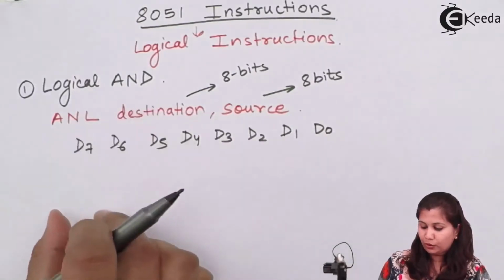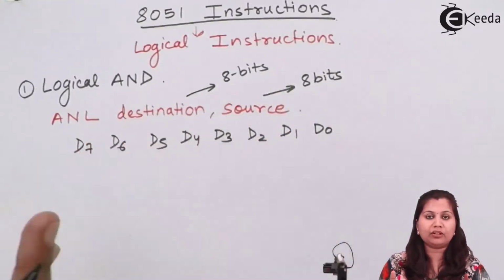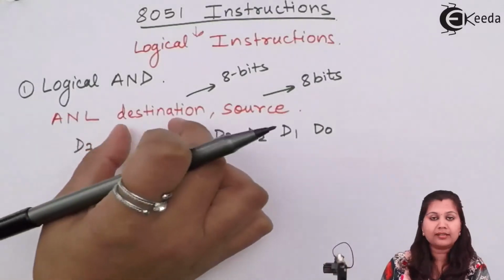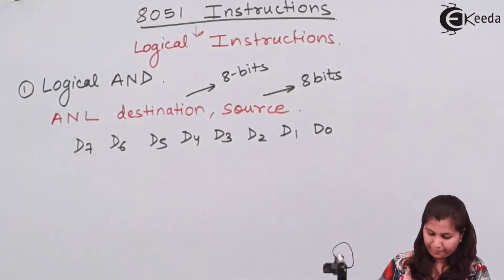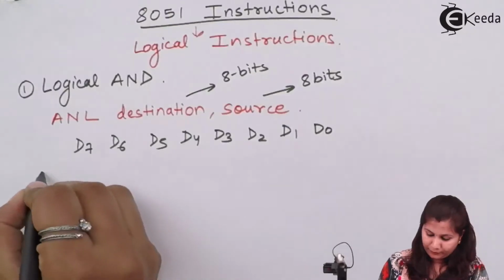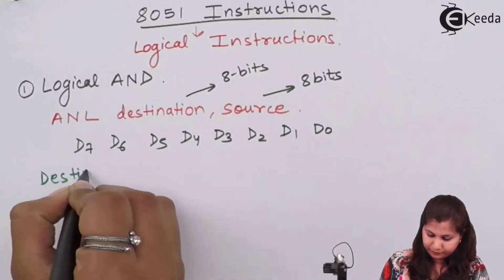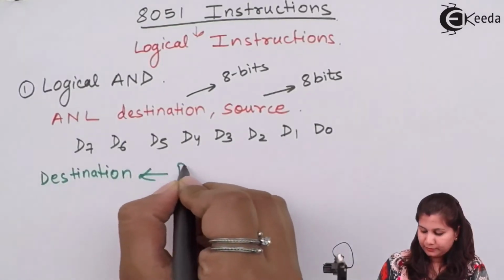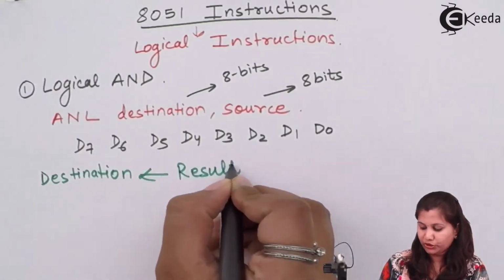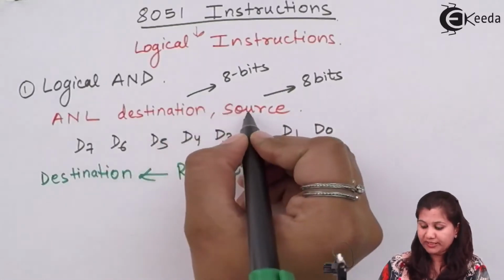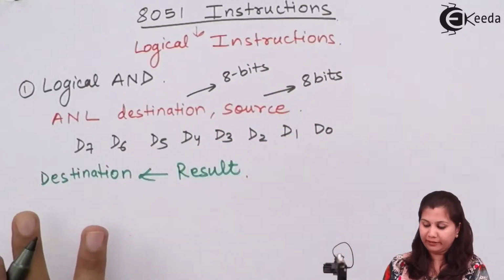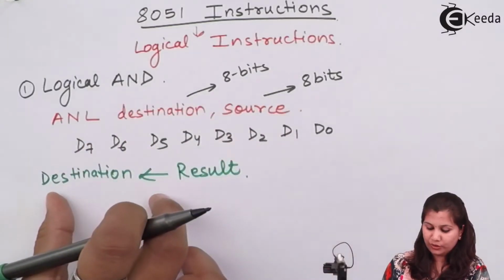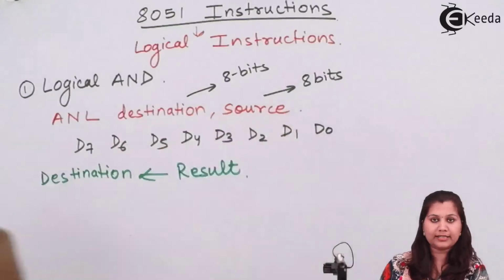Every bit of source and destination will be ANDed, and the result will be stored in the destination. The value in the source is not affected. So source and destination are ANDed, the result is stored in the destination, and the source contents are not affected.